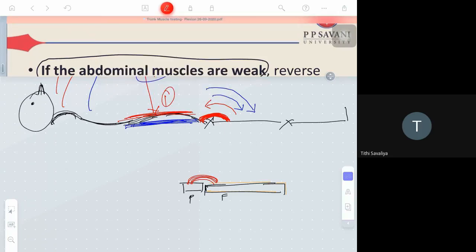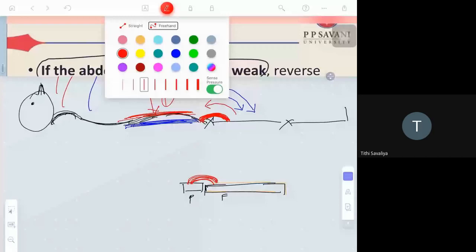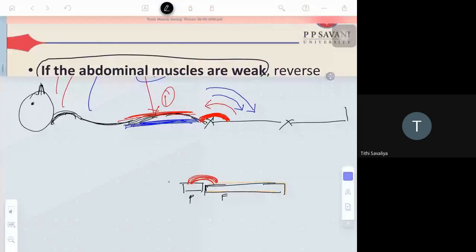And here is the iliacus. Of course, psoas major will take origin from the vertebrae. This is psoas major.